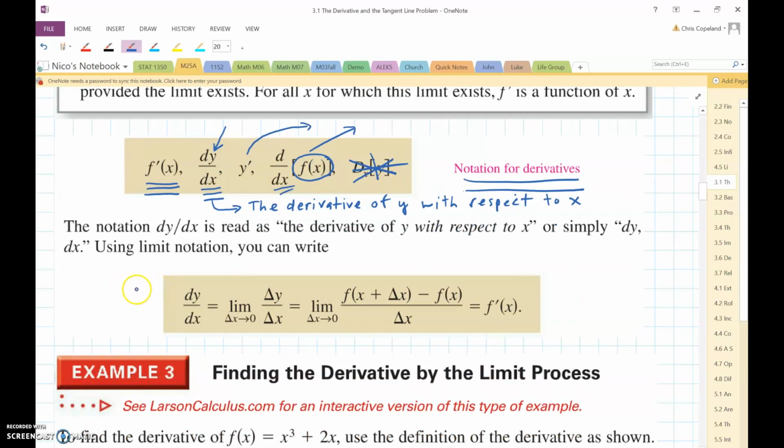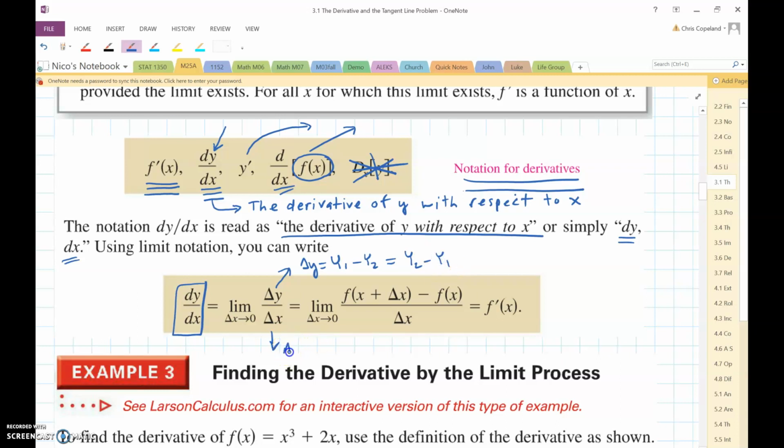Okay, so here is some more notation. dy dx is read as the derivative of y with respect to x, so I wrote that out, or simply dy dx. So the derivative of y with respect to x is equal to the limit of delta y over delta x. Delta y is just y1 minus y2, or y2 minus y1.